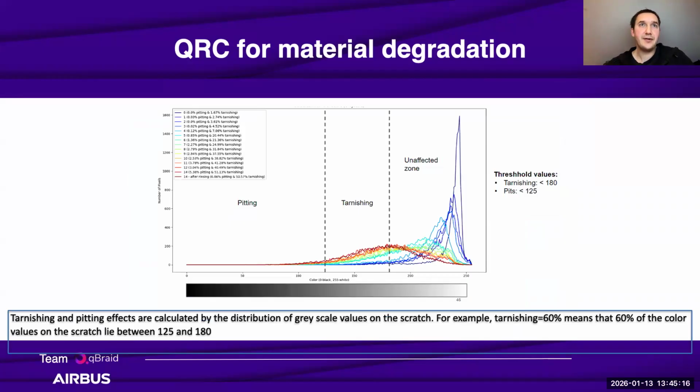So the property we're trying to predict is a spectral decomposition. They take this picture and you can see there's three regions: pitting, tarnishing, and then an unaffected region. And we are going to try and predict these spectral properties of the system as we move along.